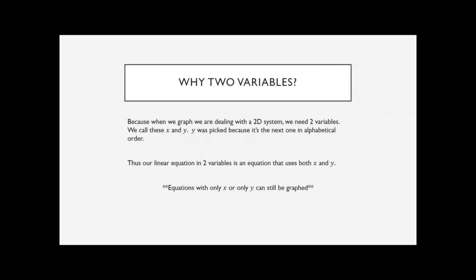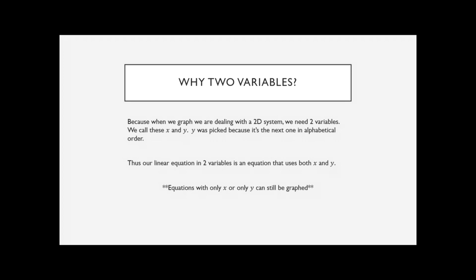So why do we have linear equations in two variables when we've been working with one variable, x, this whole time? Well, it's because of graphing. When you're graphing, you've got two dimensions, your length and your height, or your x and y, and so we need two variables. We call things 3D when they pop out of the screen, because there are three dimensions: length, width, and height.